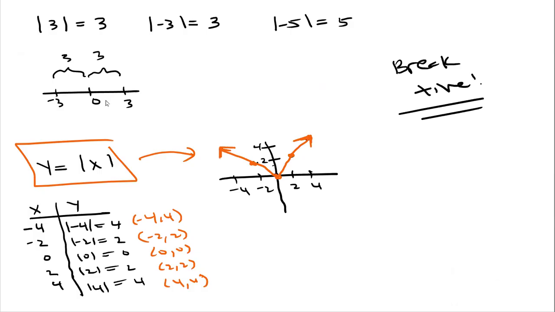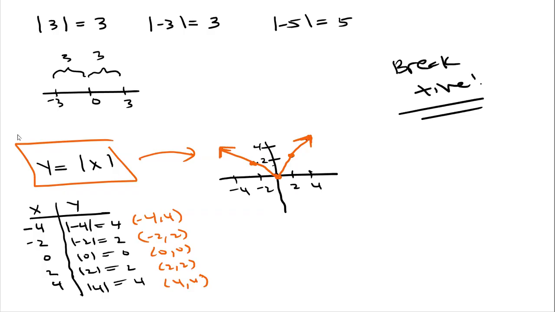What that's saying is how far it is from 0. So it's 3 units to the right and 3 units to the left. That's why you're getting two answers there. The absolute value of any number becomes positive. But anyway, the graph looks like a V shape.